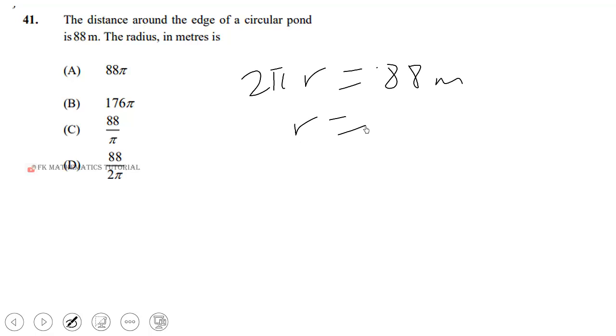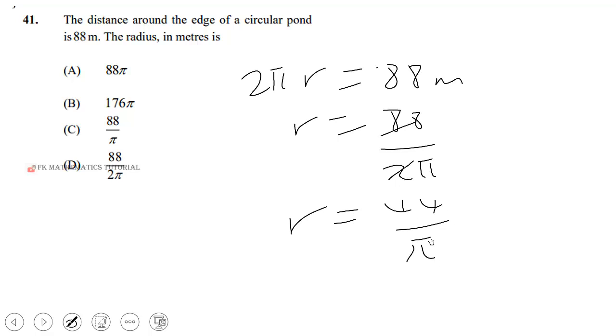So R will be equal to 88 meters over 2 pi. So 2 going into 88 how many times? 44 over pi. So 88 over 2 pi is the correct answer, option D. No need to simplify because we don't see that in the options.